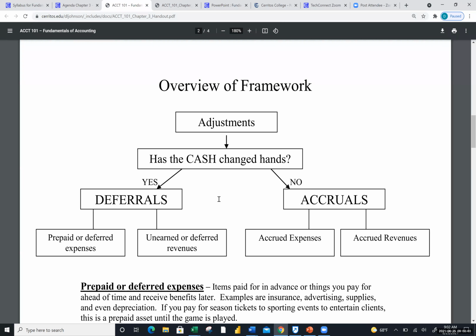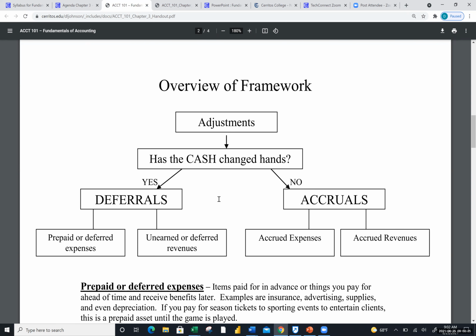Depreciation is always going to be a deferred expense because remember, the cash has changed hands. You may have financed it, but that car dealer, he got paid from somebody, the bank. So the cash for that car has changed hands. Depreciation on any asset is always a deferred expense.